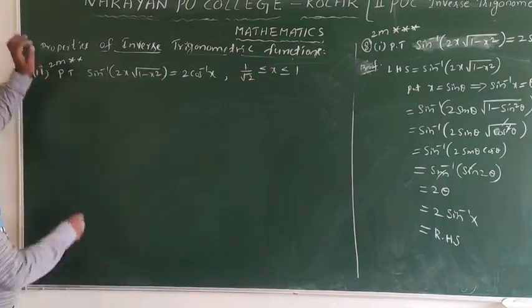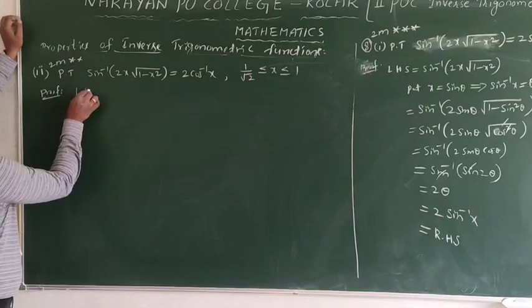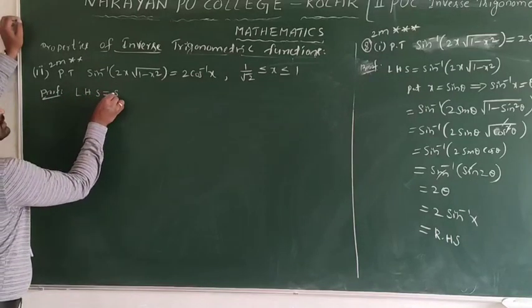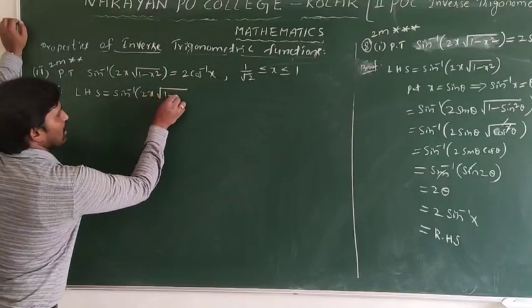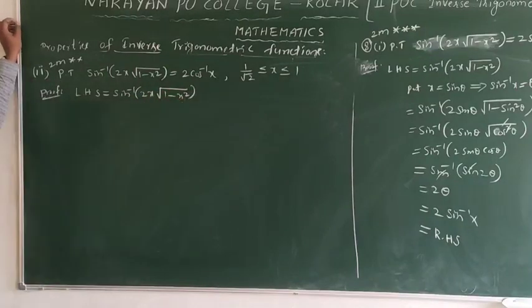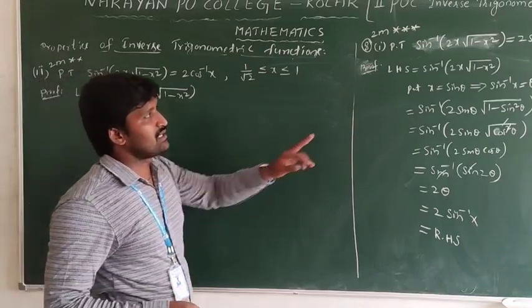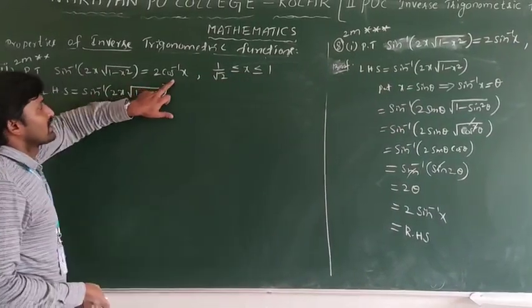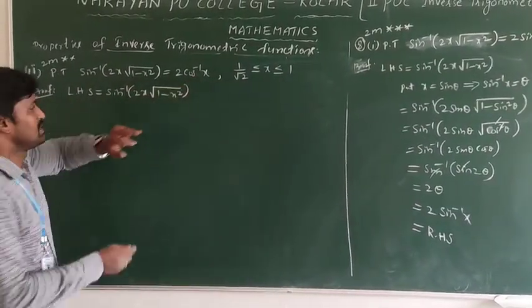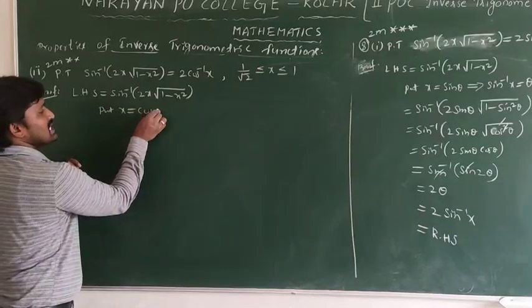Take the LHS: sine inverse of 2x into root of 1 minus x square. Now I have a doubt which one to consider here. Here we need cos inverse, that's why I put the x value in terms of cos theta.